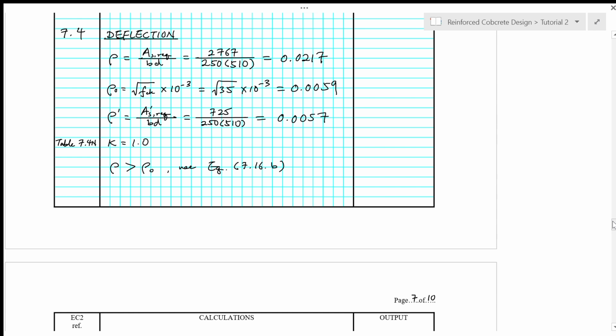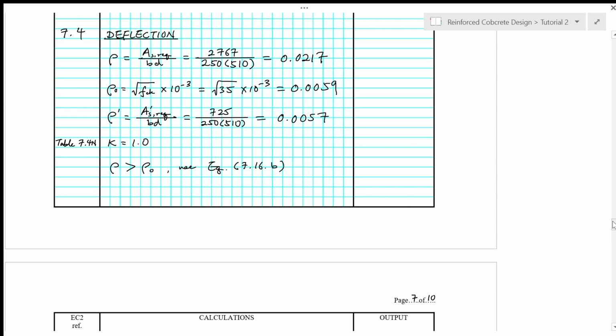So to calculate deflection, we need the reinforcement ratio rho, which is As required over bd, given as 0.0217 from the calculation. And then we need the term rho 0, which is square root of fck multiplied by 10 to the power of minus 3.